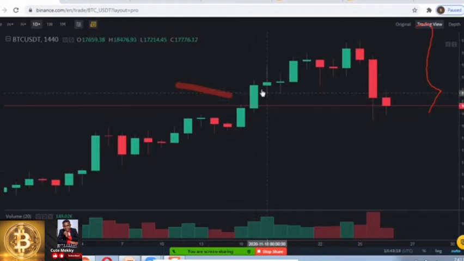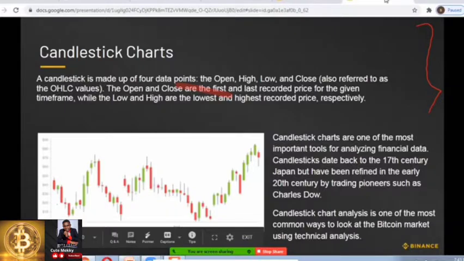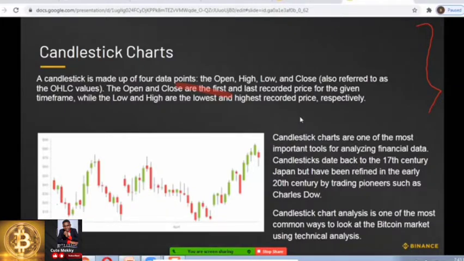When it comes to a bullish candle, we have the opening price here. We have the closing price here. We have the lowest price here and the highest price here. So you must understand these four things that explain the candlestick structure, so that you know what it is when using the candlestick chart. Very important.